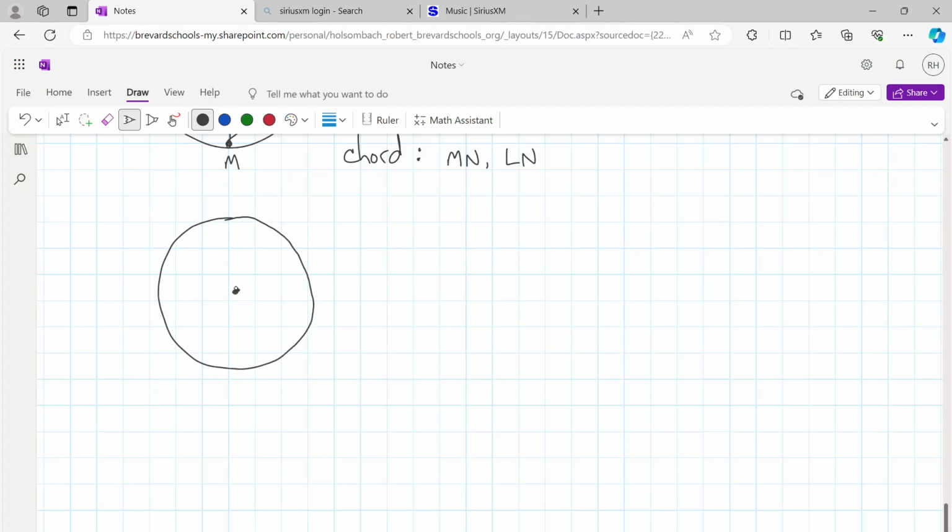Circle Q. Diameter TU. And a radius QV. Question is, if QV equals 8, what is the diameter?